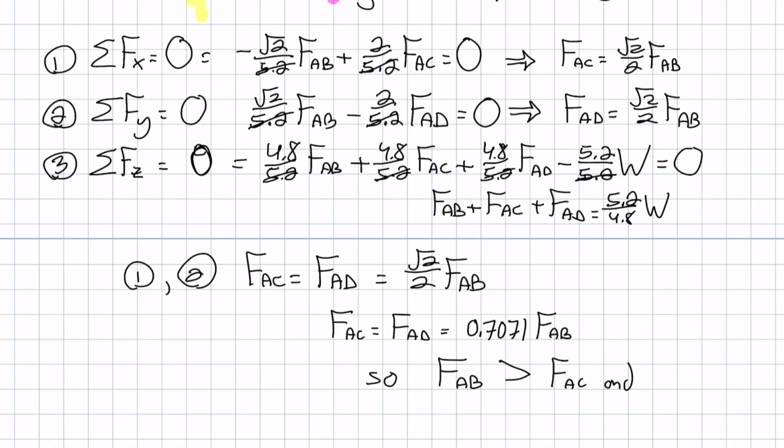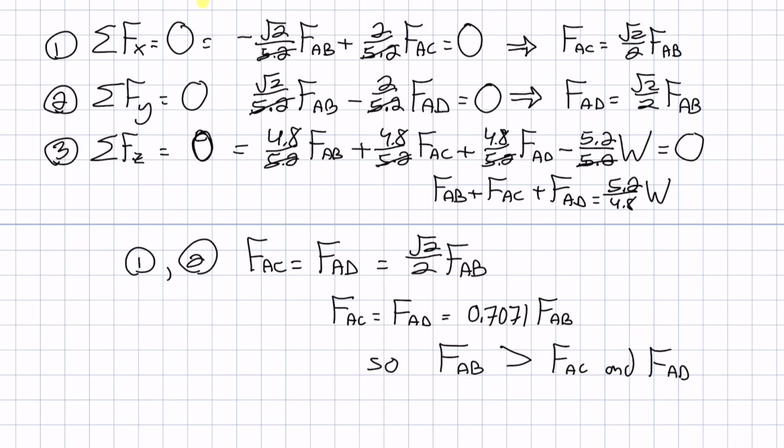So no matter what, equations 1 and 2 tell us that FAB is always going to be a greater tension value than C or D. And that means that FAB is going to be our limiting factor here, that it's going to hit 120 pounds first, and after that, it's going to fail. So FAB is going to be the largest of the three tensions in the ropes.